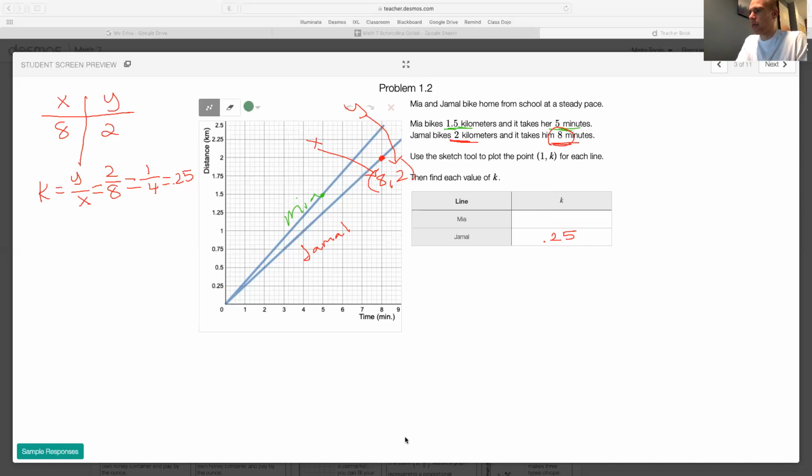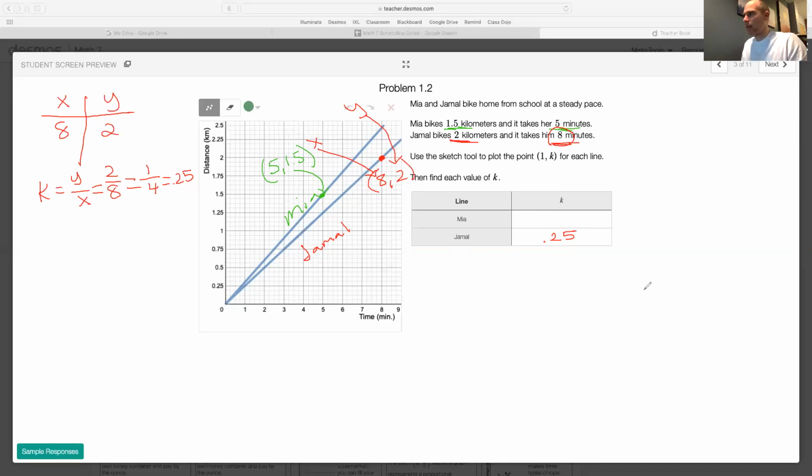All right, let me do the same thing for Mia real quick. We had this point right here for Mia. It's kind of mixed in with the A at the end of her name, but it's right here, and it's 5 minutes, comma, 1.5 kilometers. So 5, comma, 1.5.